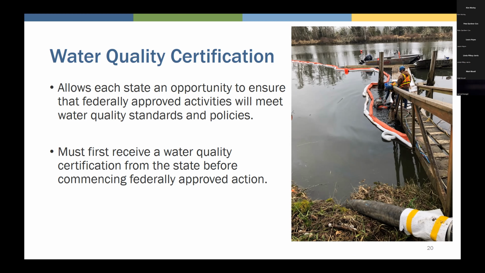So it's essentially the federal government has approved it, and then they're checking with the states to make sure that they're okay with the work too, and if anything needs to be added to the provisions, or if they want their opportunity to deny that permit.